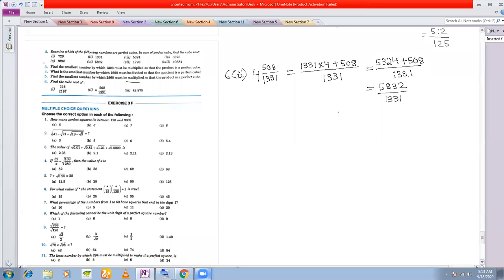Now the cube root of 5832 you can find either by prime factorization or you can also use approximation. This time let us use prime factorization method because it is a 4-digit number. Let's use prime factorization. 5832.